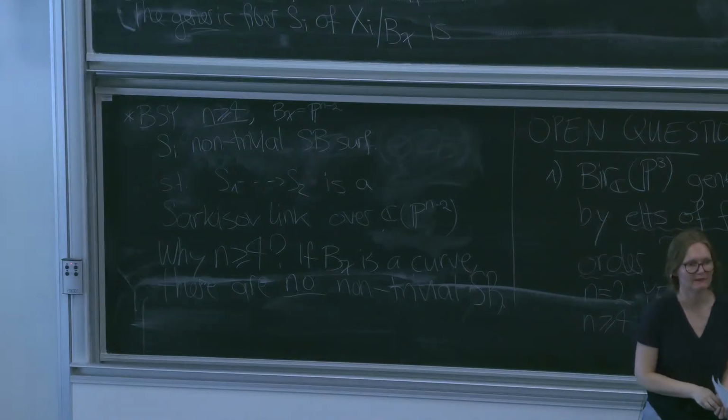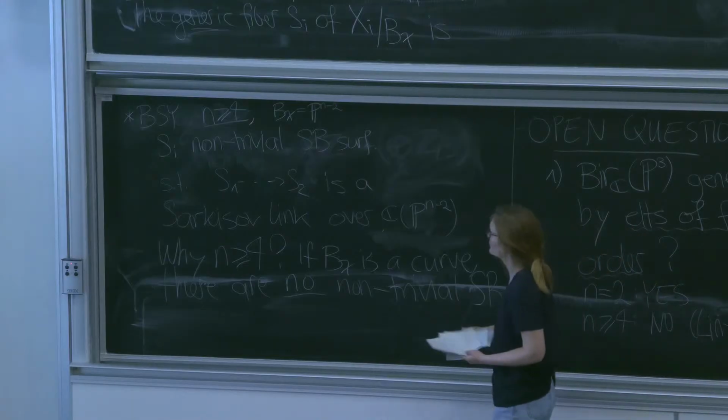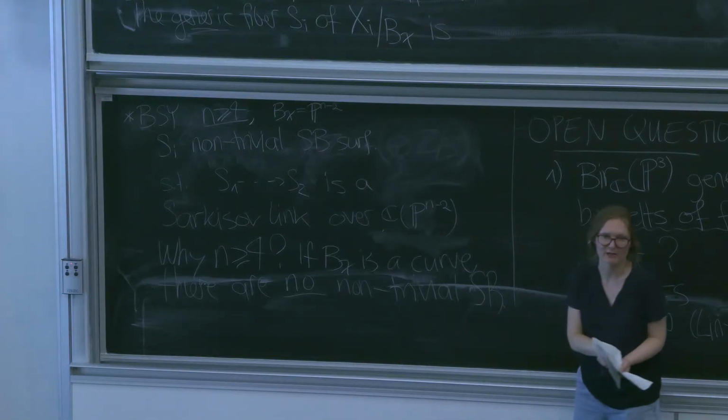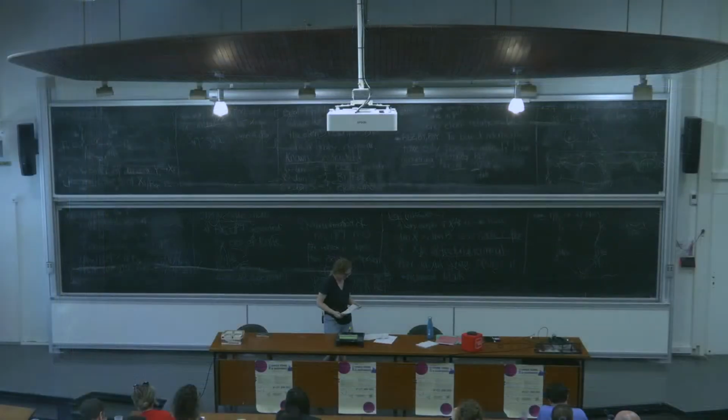This is an arithmetic statement. If you have the function field of a curve, then we do not have any non-trivial Severi-Brauer surfaces. This is why our strategy only works for dimension at least 4.